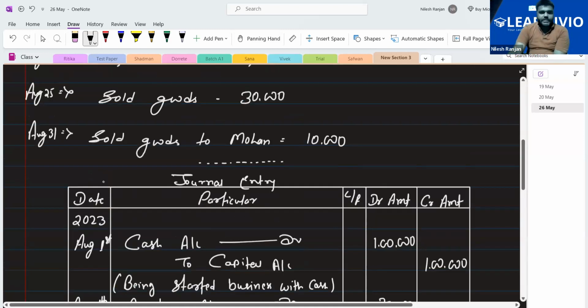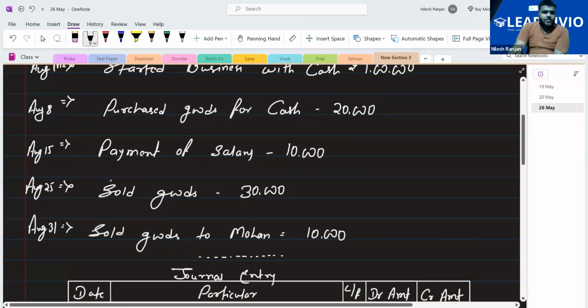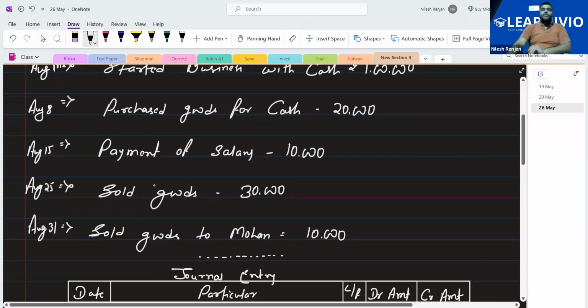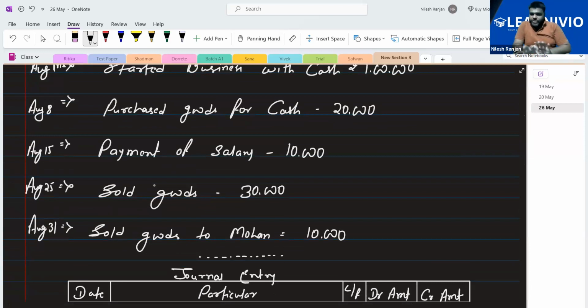The fourth one is sold goods. Now, can you tell me which two accounts are included in this transaction? I'm not asking about the journal entry. I'm just asking which two accounts we use for the journal entry explanation.